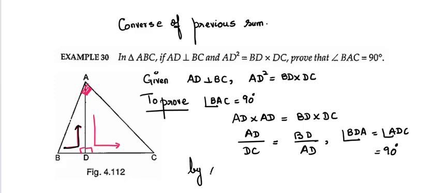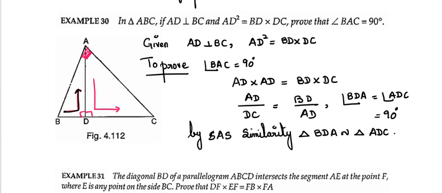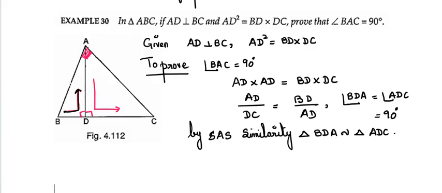So by AA similarity, sorry, by SAS similarity, in the same order in which we have named, triangle BDA is similar to triangle ADC. In the exam, I don't want you to think. So what happens then? Which angles will be equal? Let us name it now.